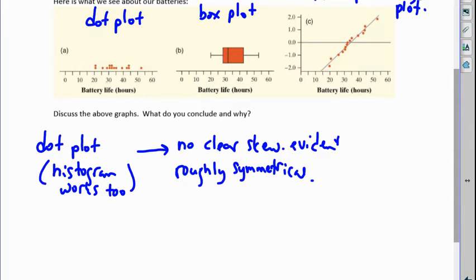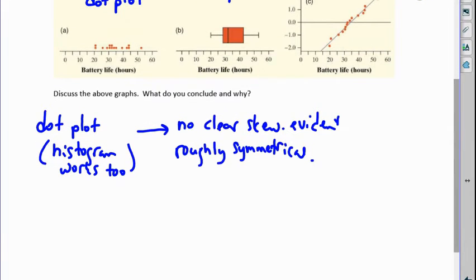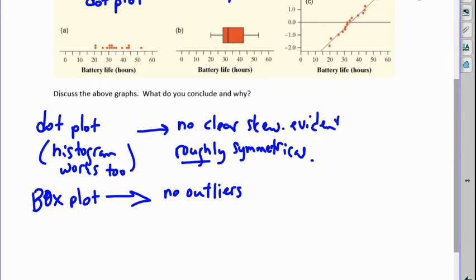From the box plot, or box and whisker plot, I can see that there are no outliers. And also that it does look roughly symmetrical there as well. So that reinforces that conclusion.